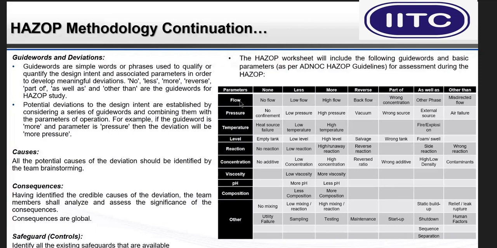So we are going to see the deviations of the guide words, and based on the deviations, we will identify the causes, then the consequences of the deviations, and then we will identify the risk. If risk goes beyond tolerable, then we have to identify the safeguards. As we mentioned before, before analyzing the risk, we need to take credit for existing safeguards. Existing safeguards means those available in the PFD, P&IDs, and cause and effect.